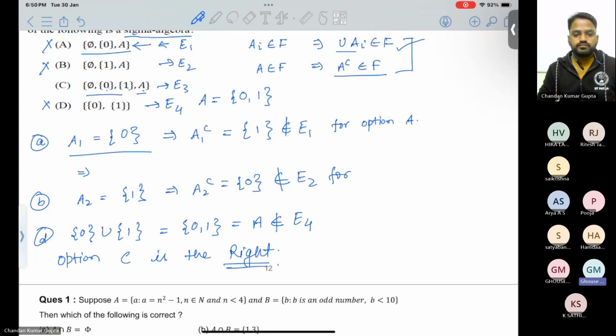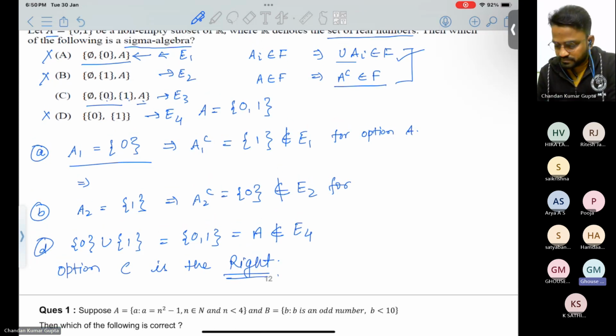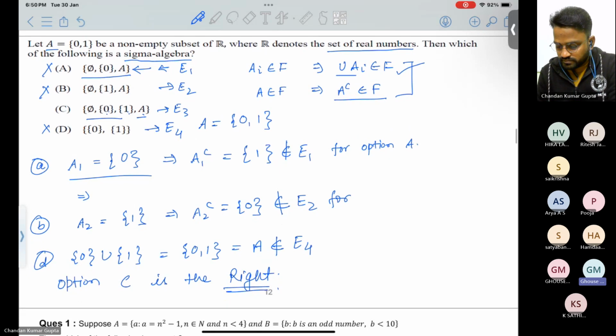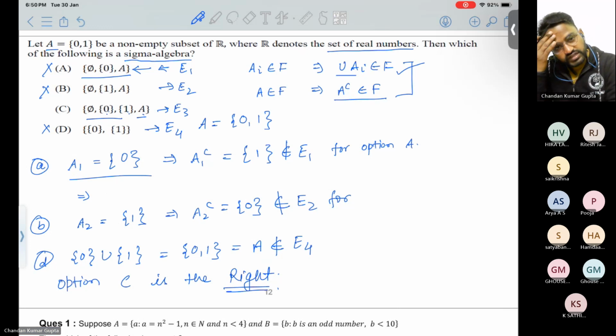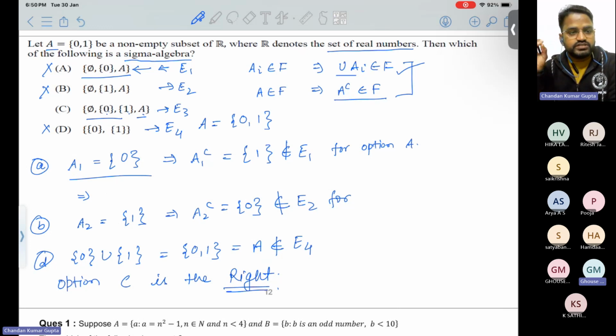Gupta sir, whatever this solved one, can we get a copy of it, or will it be shared with all the students? Actually, I am instructed to submit this with the lectures, so you will get both things.